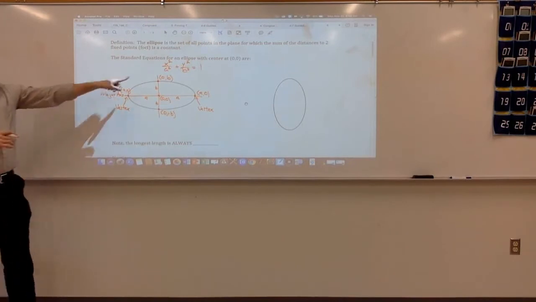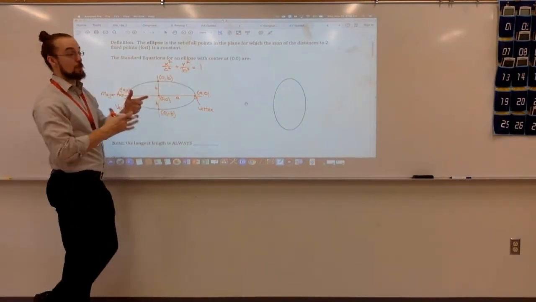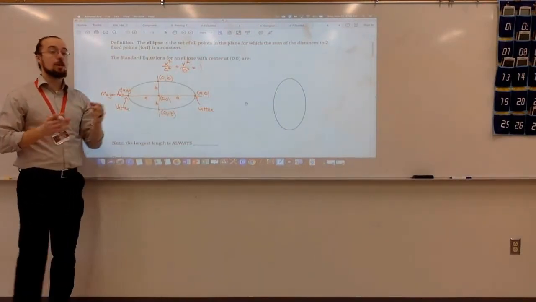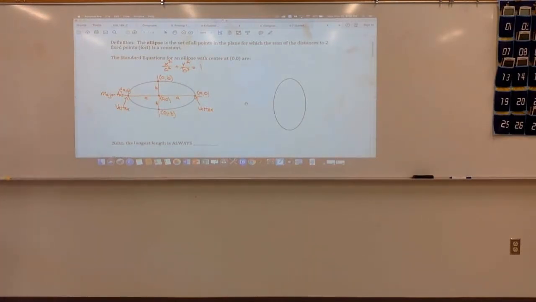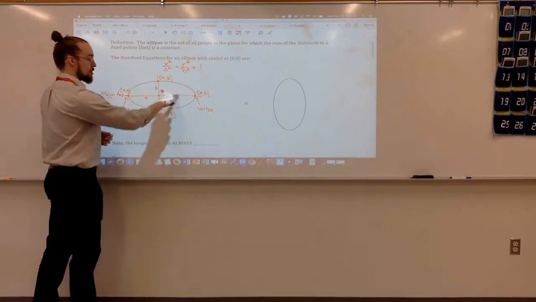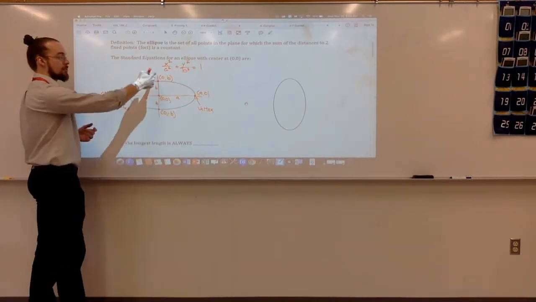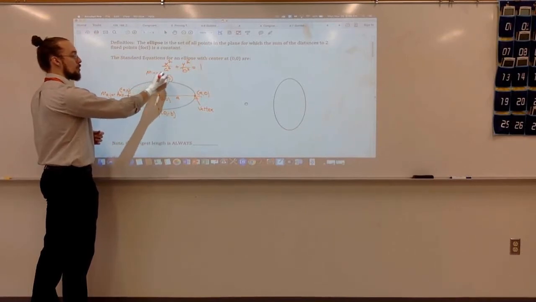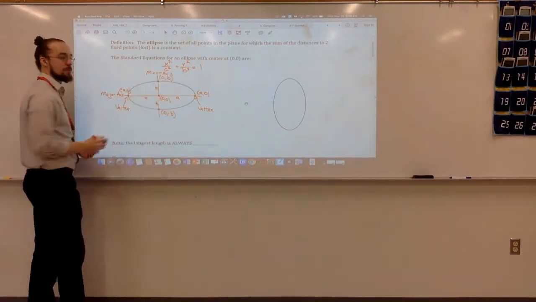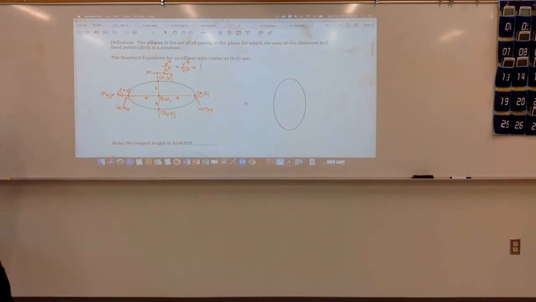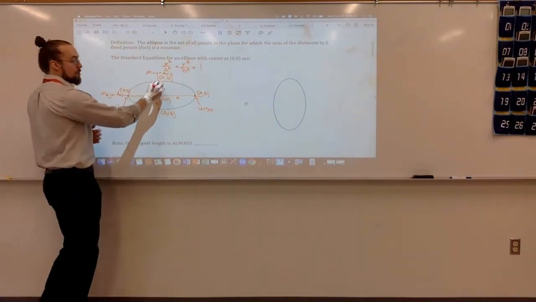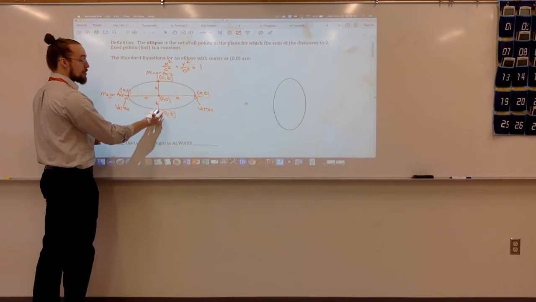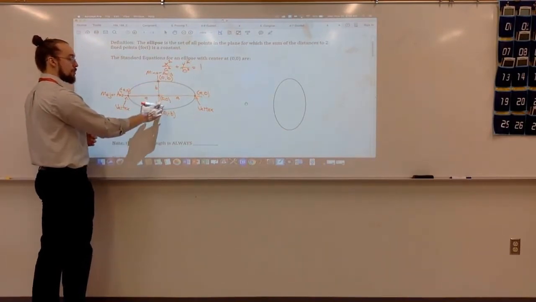So the square roots of these values here tell me how far to go from the center to get to each endpoint. Now, the longer axis is called the major axis, so in this case, the shorter axis is called the minor axis. These points are technically not called vertices.